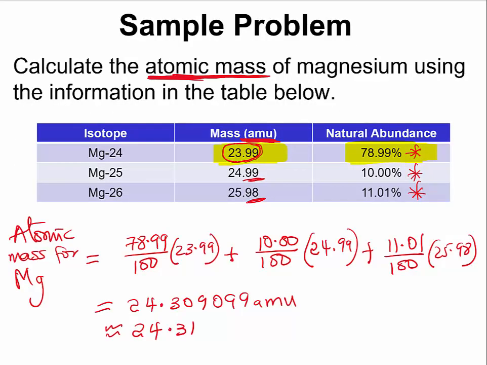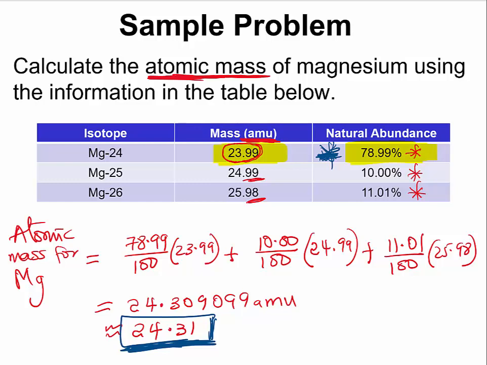If you observe, you will see that the atomic mass that we got will be closest to the mass number that has the biggest natural abundance. Let me repeat. The atomic mass that we got will be closest to the isotope with the largest natural abundance.